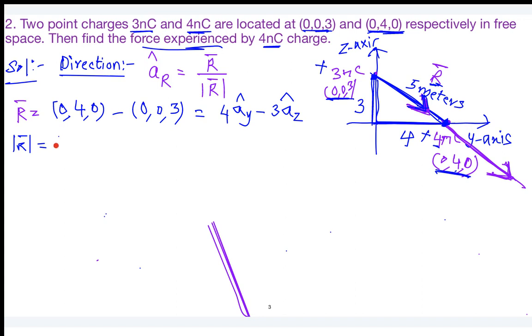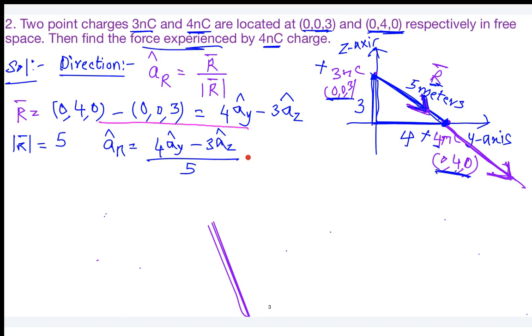So the magnitude of force will be straight away 1 by 4 pi epsilon and q1 q2 by r square. You can substitute the values and tell me. So that is 1 by 4 pi.